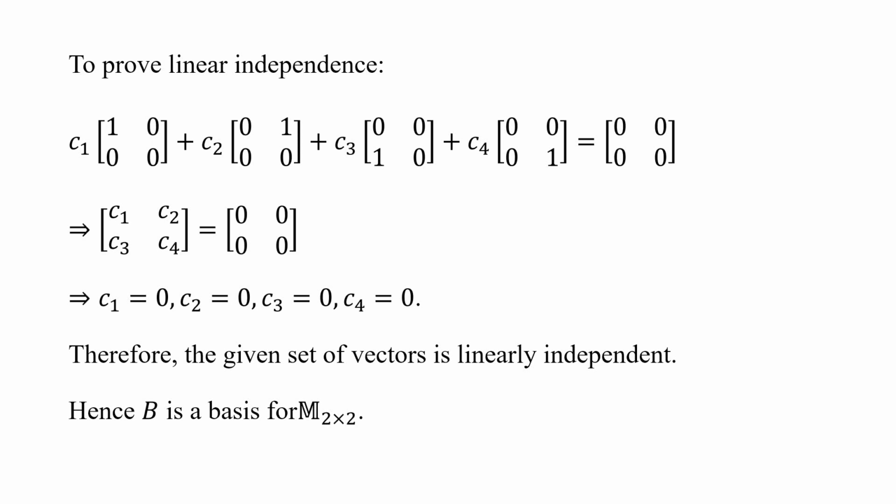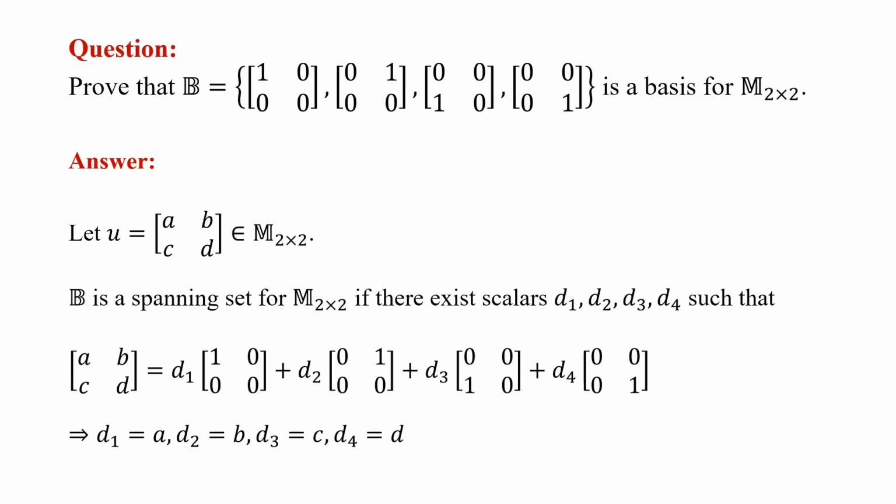Hence this set B is a basis for M2 by 2. This is again called a standard basis for M2 by 2. And how many elements are there in the basis for M2 by 2? Here there are 4 elements: 1, 2, 3, 4. So the dimension of M2 by 2 is 4.